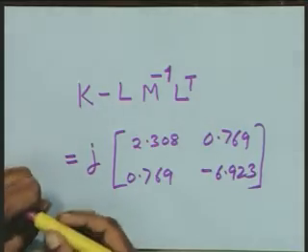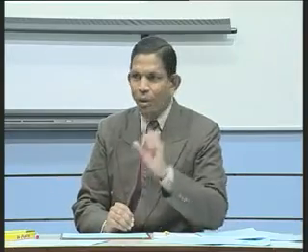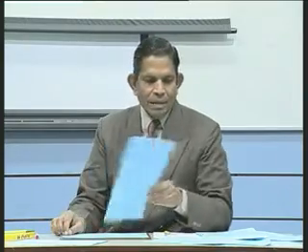Now, I have illustrated through a very small example, but this is applicable to any system which may have any number of nodes to be eliminated, and this simplifies the process to a great extent.